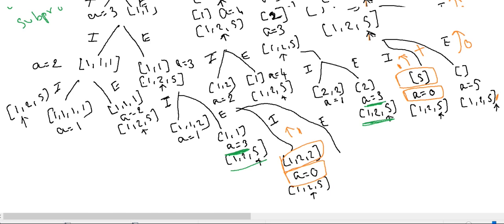When I do exclude, my set will be 1, 2. My amount will be 2. My pointer will be incremented, so 1, 2, 5, and I'm going to point to 5. Now let's do include for this one.